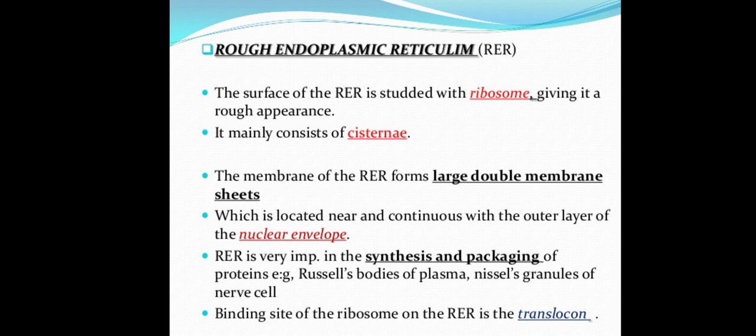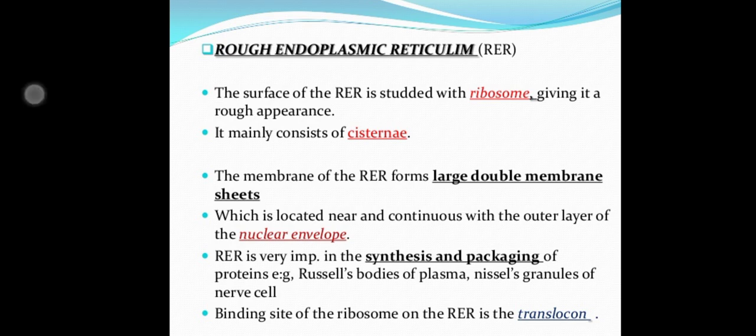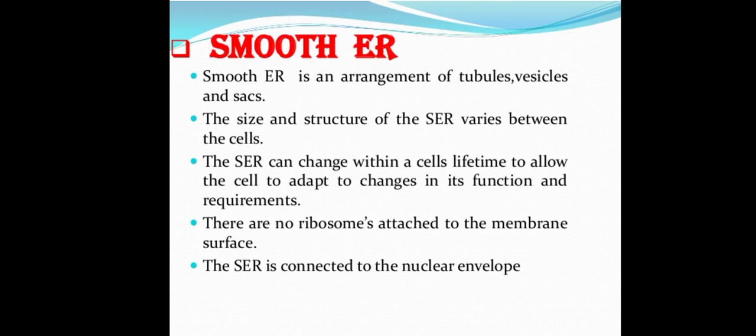It occurs in almost all cells which are actively engaged in protein synthesis, such as liver cells, pancreas cells and plasma cells. It is in the form of flattened sacs. So next we are going to learn about smooth or agranular endoplasmic reticulum.